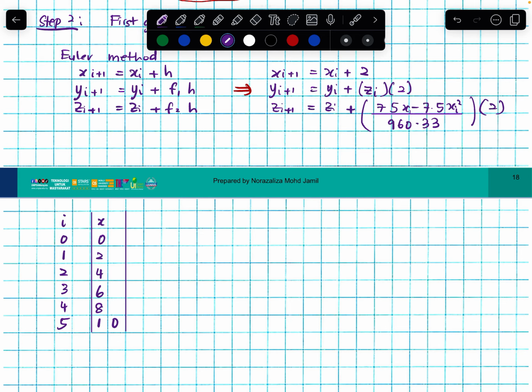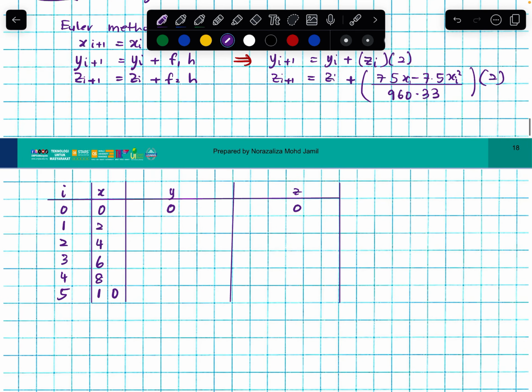Then you have to construct the columns of y and z. The first value of y is 0, and our first guess of z is also 0.